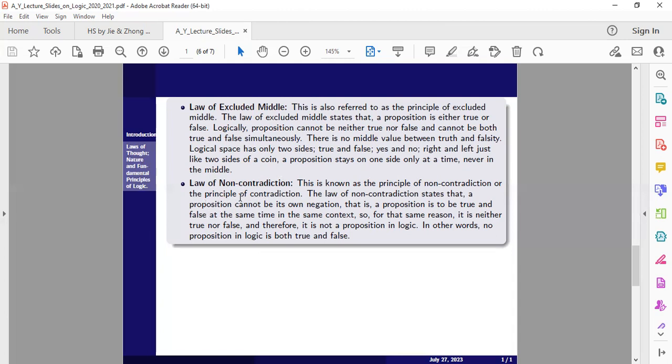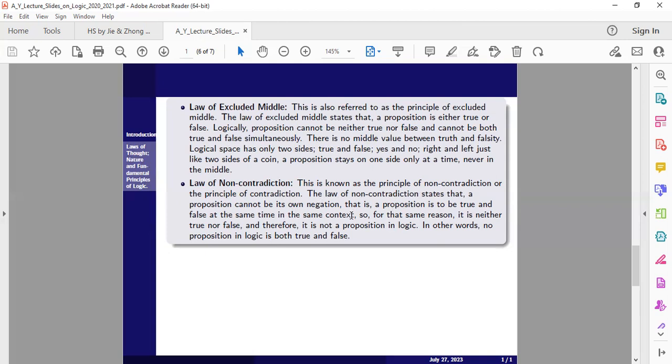The law of non-contradiction is known as the principle of non-contradiction or the principle of contradiction. The law of non-contradiction states that a proposition cannot be its own negation.